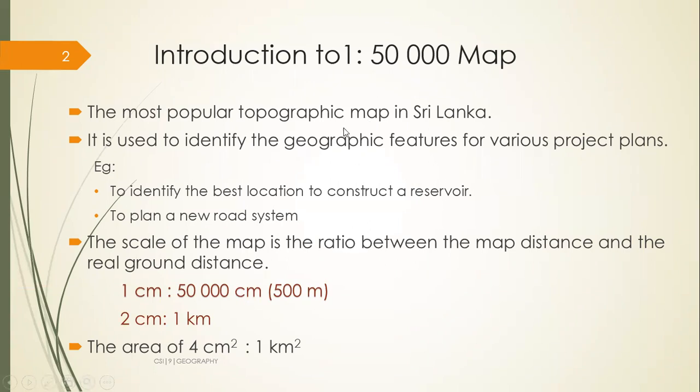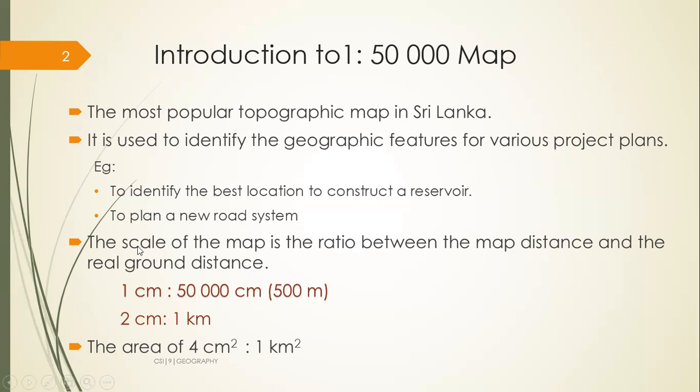In your future, I hope that some of you will use them for your project work. It's used to identify geographic features for various project plans, like the best location to construct a reservoir, to plan a new road system, to plan new agricultural areas, like that.